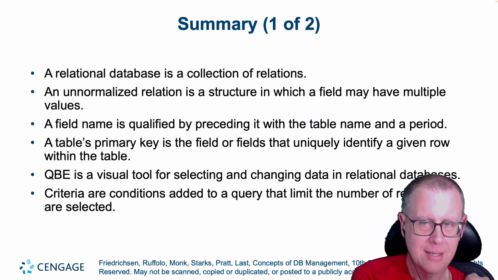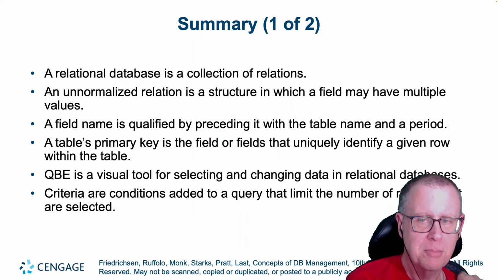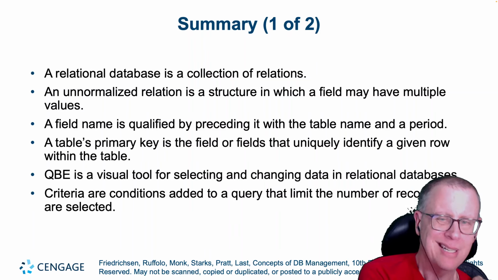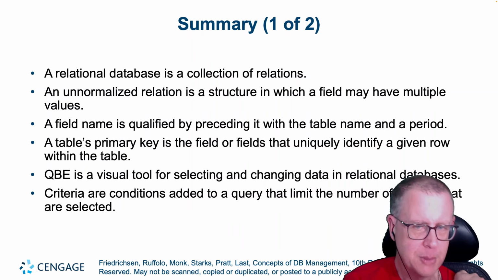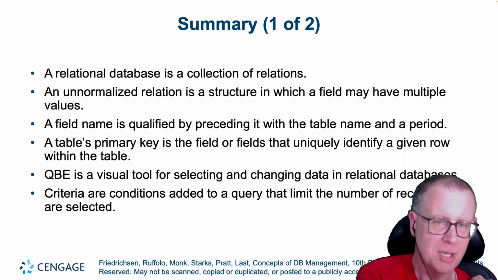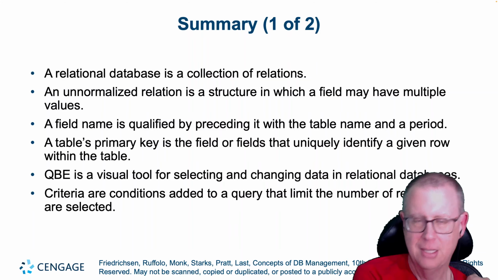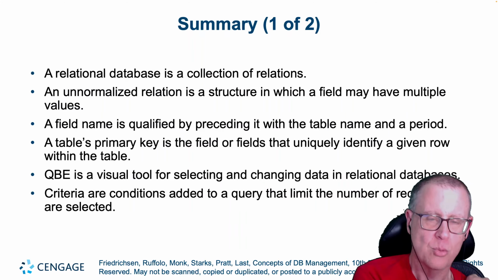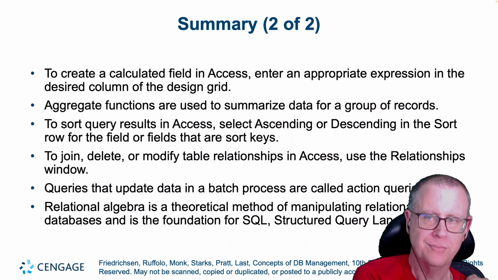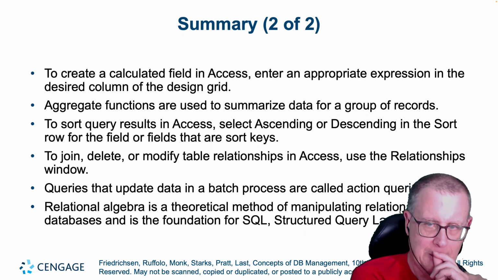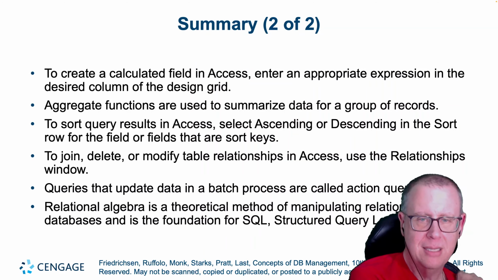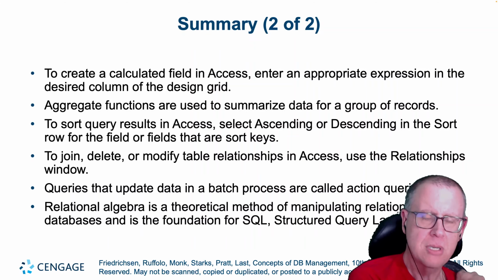And Microsoft Access is a nice query by example visual tool. And criteria are ways to filter the data, reduce the amount of data we return that satisfy a particular criterion or group of criteria. We may want to create a calculated field or an aggregate function.